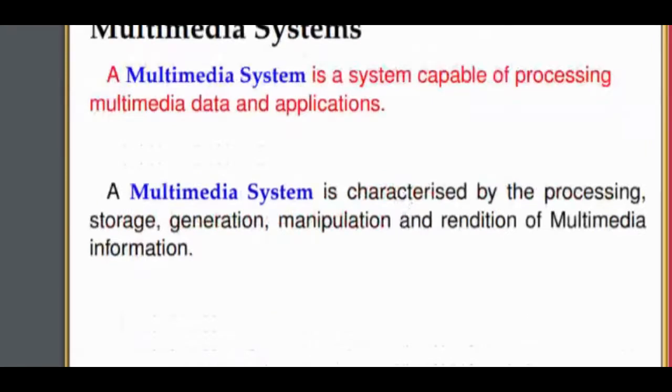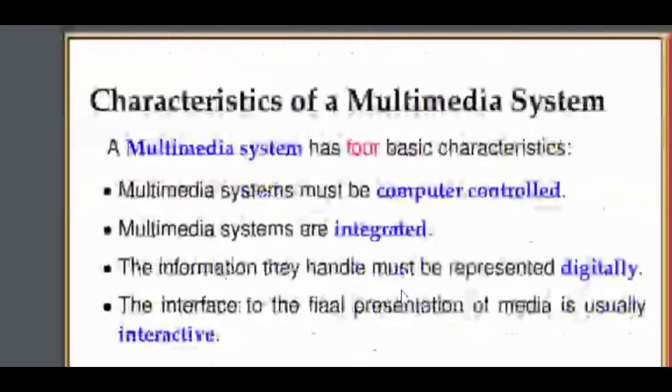Now, multimedia systems. A multimedia system is a system capable of processing multimedia data and applications. A multimedia system is characterized by the processing, storage, generation, manipulation, and rendition of multimedia information. Now, the characteristics of a multimedia system: a multimedia system must be computer controlled.